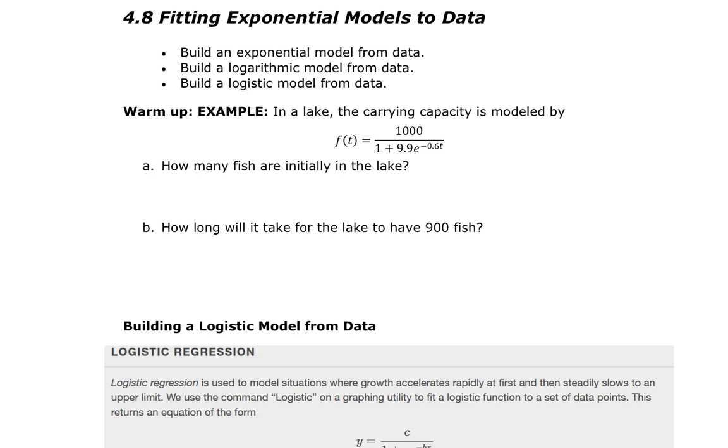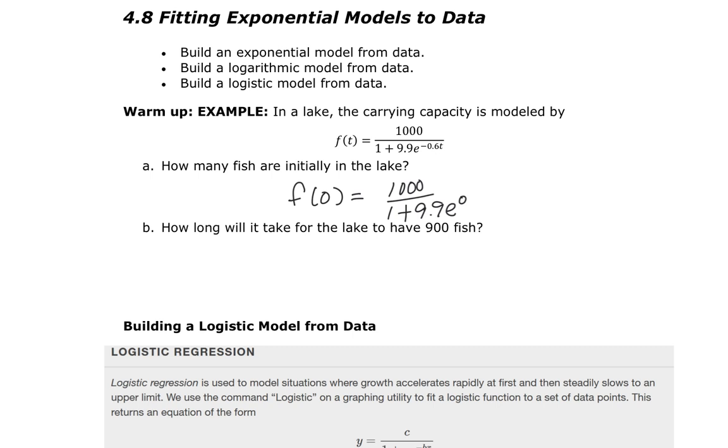And here's my equation. If I want to know how many fish are in the lake initially, that is asking me to do f of 0. So this is going to be 1000 over 1 plus 9.9 e to the 0, because negative 0.6 multiplied by 0 is 0, so it's e to the 0.